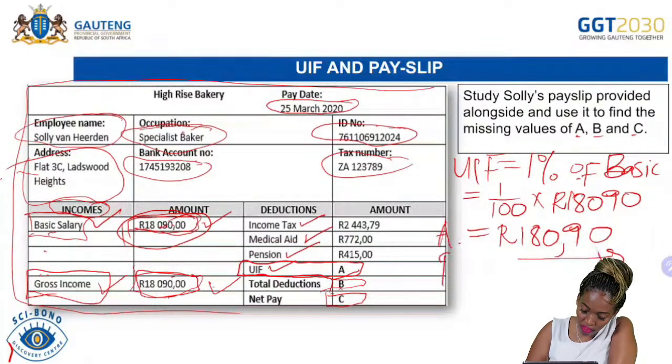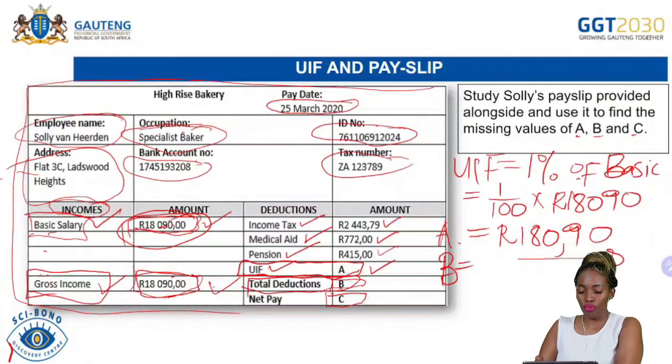And then let's go to the value of B. What is B? B is our total deductions, meaning that to get the value of B, we must take this amount plus this plus this plus UIF.